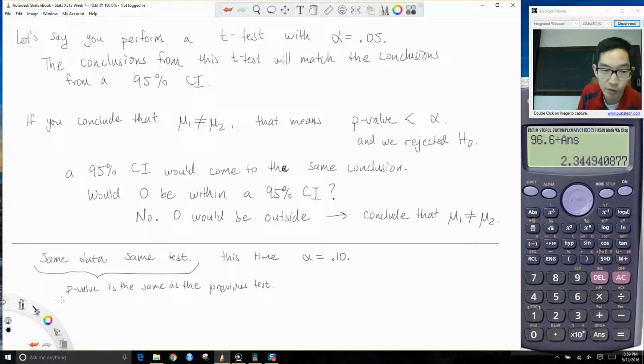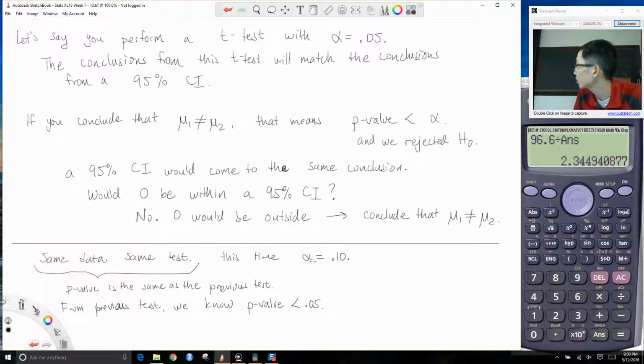So from the previous test, we know the p-value is less than 0.05. So we know that for this test, with alpha equal to 0.10, our p-value is less than alpha.